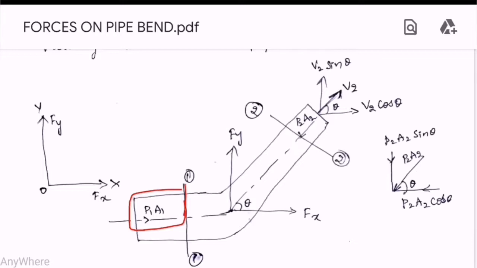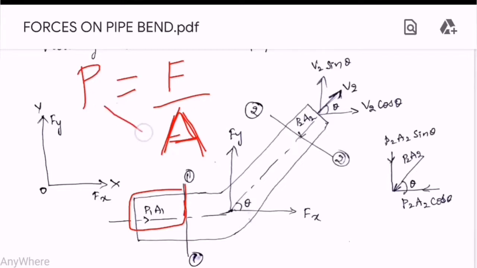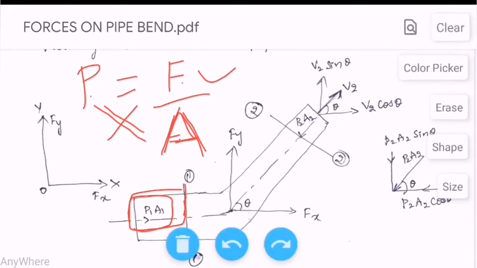From fluid statics, pressure is equal to force by area, so force is equal to pressure into area. That P into A term is P1 A1. This is called the pressure force. Force F is equal to P into A, and that force is given as P1 A1.